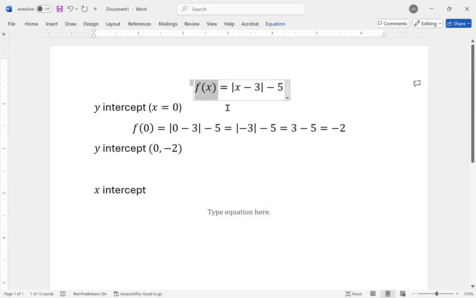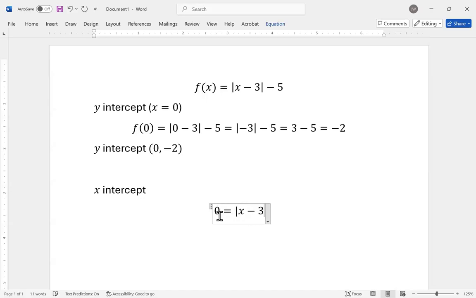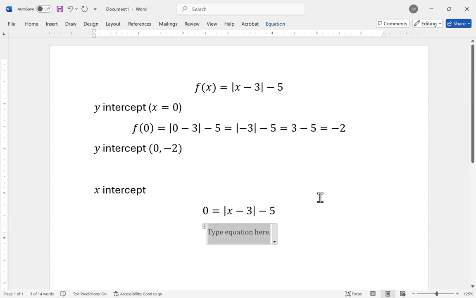So I'm saying that this output has to be equal to 0. You can either write 0 is equal to the absolute value of x minus 3 minus 5, or you can reverse that order and say the absolute value of x minus 3 minus 5 is equal to 0.